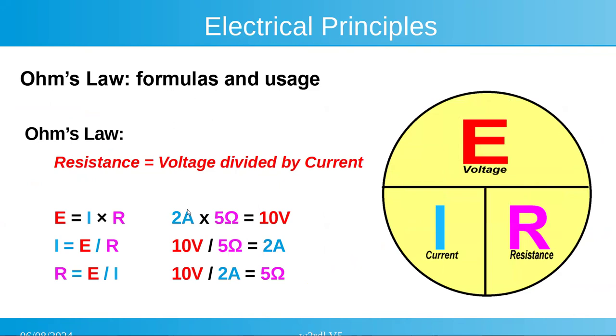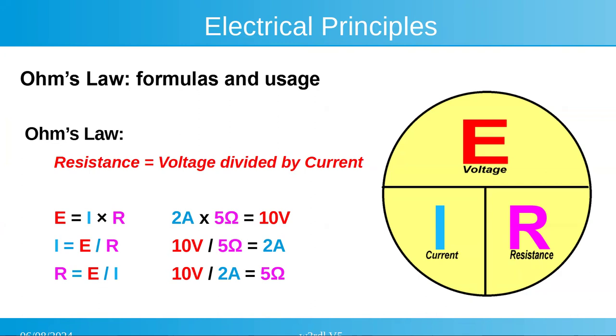Okay, here's a little pie chart, which a lot of people find very useful in remembering Ohm's law. The principle is that you divide that circle in half, and then you divide one of the halves in half, and you put E on the top and I and R on the bottom.